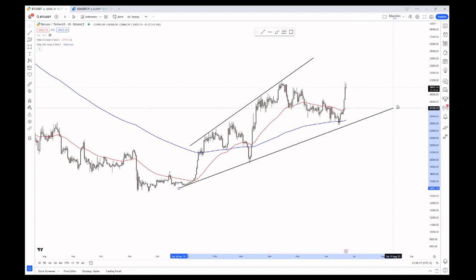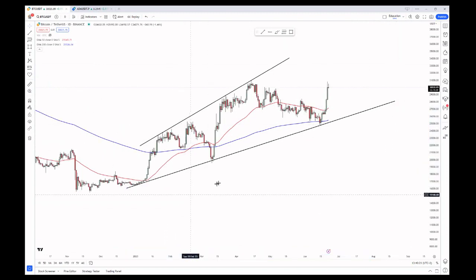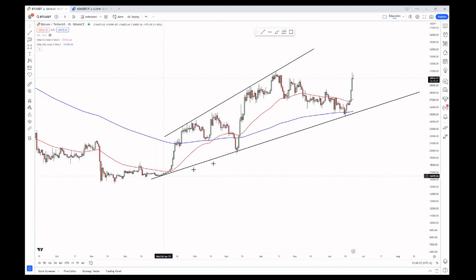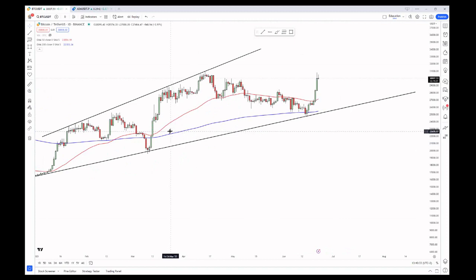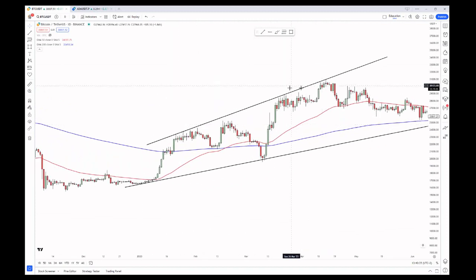Like here, you try to draw from wick to wick, and it's not that bad if it goes a little below, but I like this trend line more because, as you can see, it really touches the trend line and then rejects.